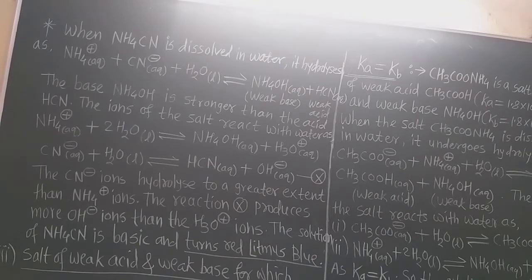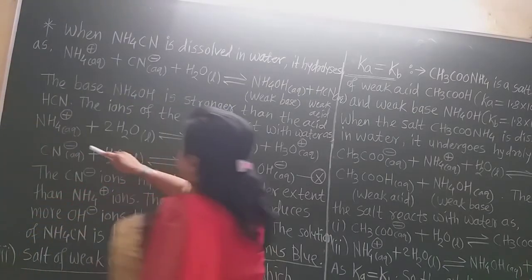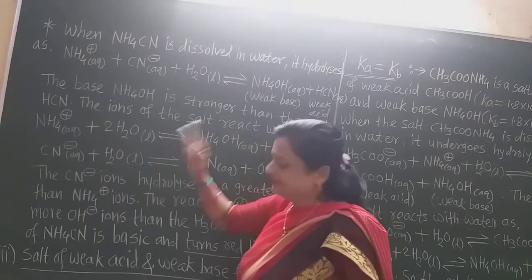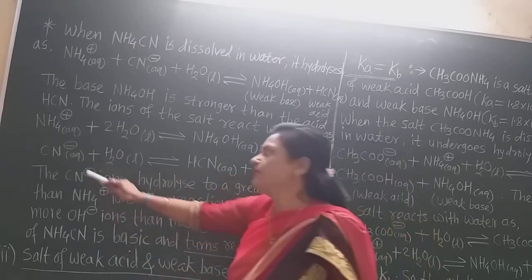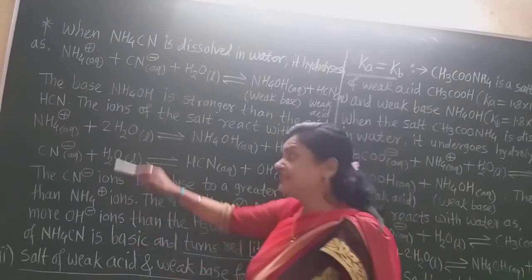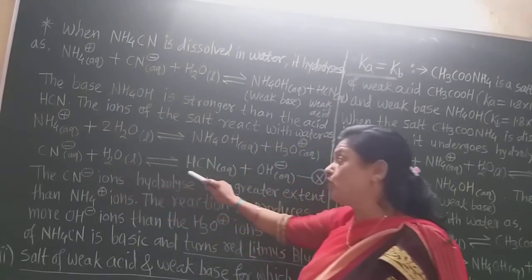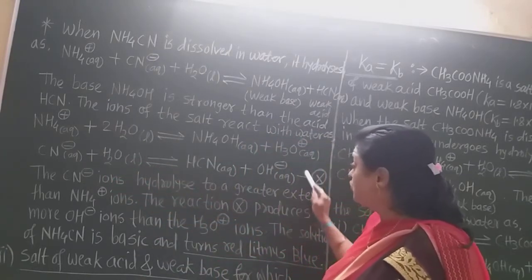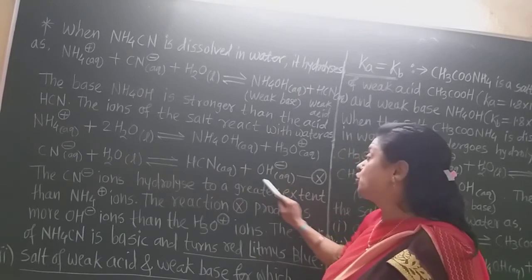Remember students, we always know that the stronger is always less hydrolyzed than the weaker. Now this CN- is weaker than the NH4+. Therefore this CN- ion gets more and more hydrolyzed, and there is formation of excess hydroxyl ions.